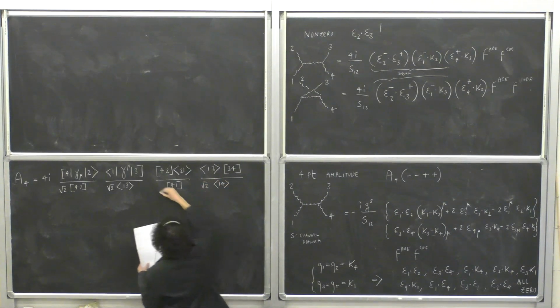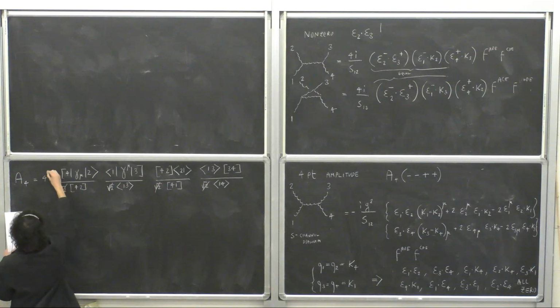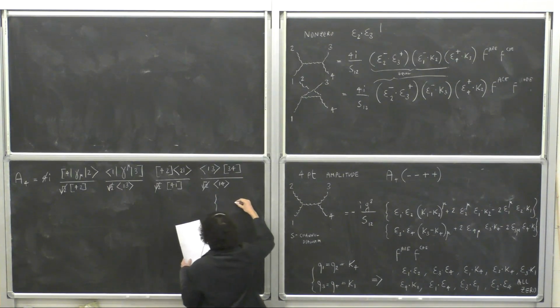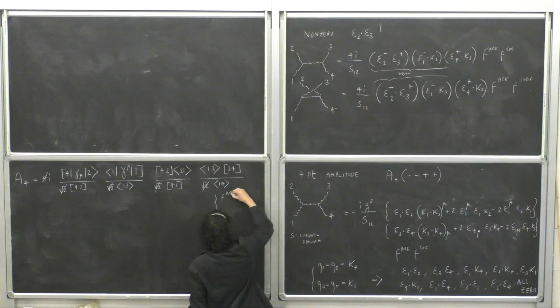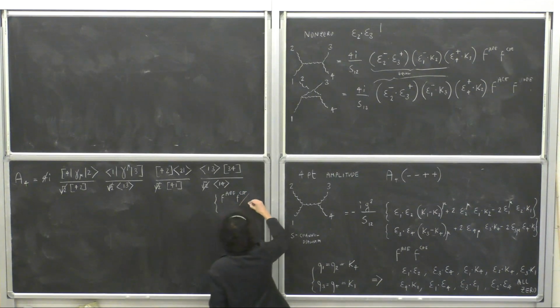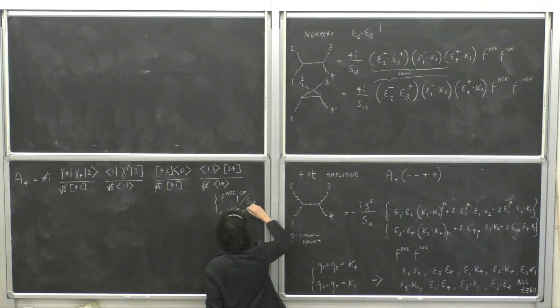There's a variety of factors of square root of 2, which just contribute to getting rid of this 4. And then we use the identity. Well, okay, wait a second. Here we have a multiplication by the structure constant, and this is divided by S12. And then there is a plus f^{ACE} f^{BDE}... divided by S13.